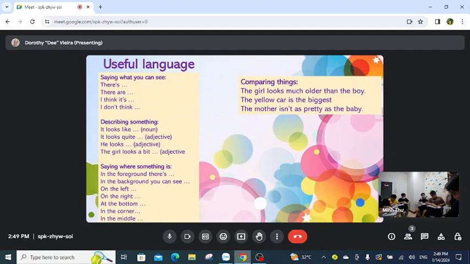The mother isn't as pretty as the baby. The mother isn't as tall as the girl. The father isn't as tall as the mother. The father isn't as fat as the mother. The mother isn't as fat as the father. So describe things clearly. Say, compare things in the photograph.